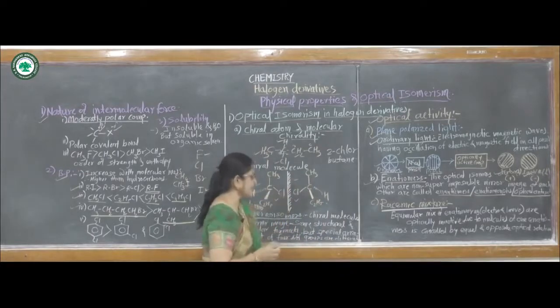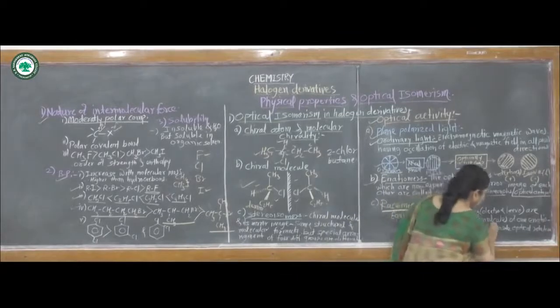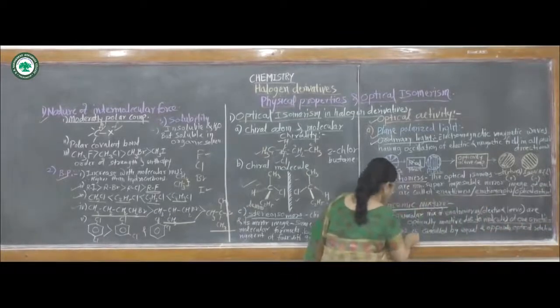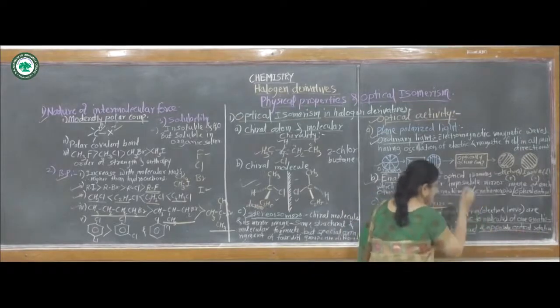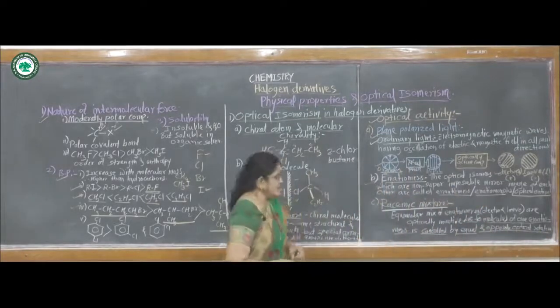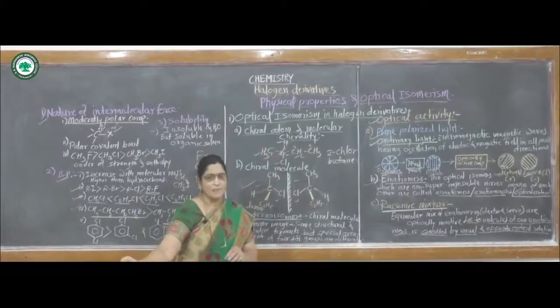Why is it optically inactive? Because the rotation due to the molecules of one enantiomer is cancelled by an equal and opposite optical rotation. This is also called external compensation.